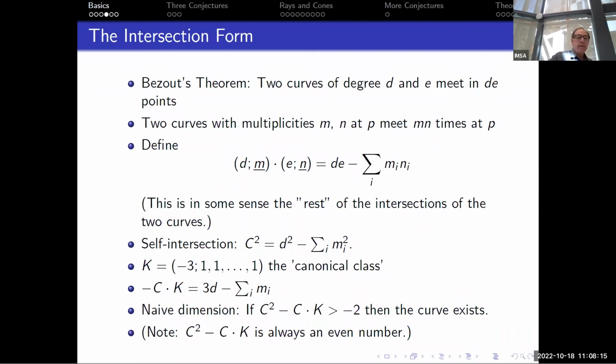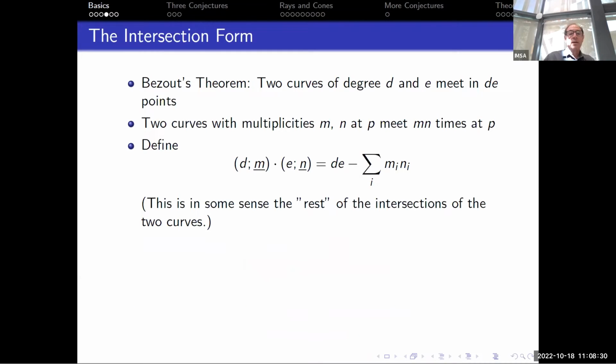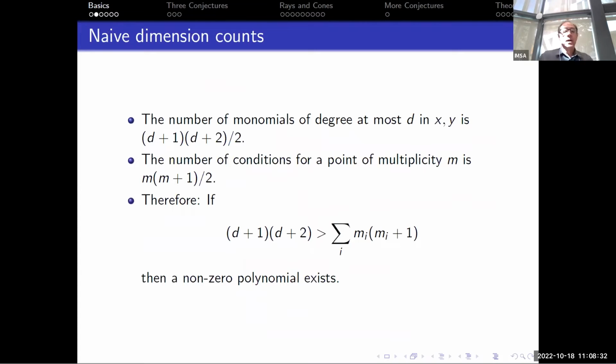So this naive dimension count: you see what c squared is, d squared minus the sum of the squares of the multiplicities, and you see what minus ck is, 3d minus the sum of the mi's. If you just go back to the condition that a non-zero polynomial exists, if you just look at that, it's d squared plus 3d plus 2 bigger than the sum of the m squared plus m.